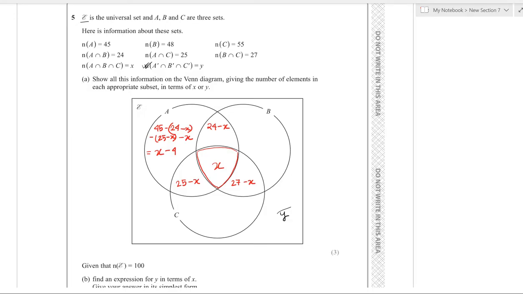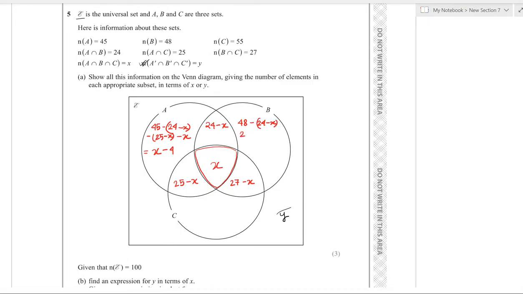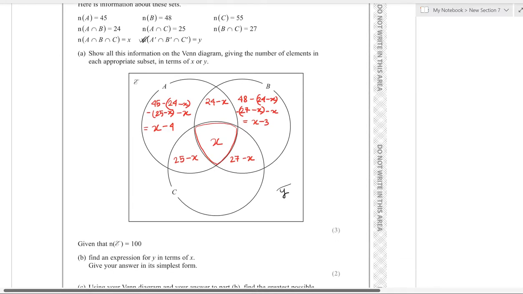Again, do the same process for set B and set C. Set B was 48, so you need to subtract 24 minus X from 48, again 27 minus X from 48, and lastly minus X. If you do this, you are going to be left with X minus 3. And for the last set C, you have 55.